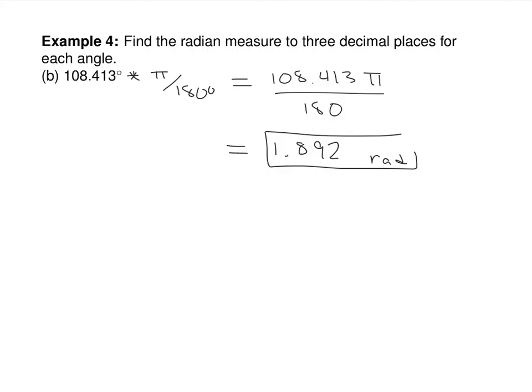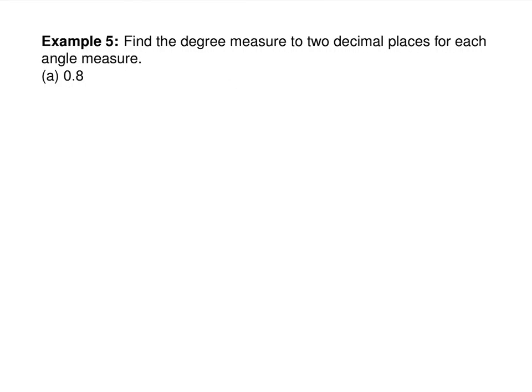Okay. And the next 2 are just the opposite direction. So we have something in radians and you want to go back to degrees. So 0.8, notice there's no label, so that means that it's in radians. So multiply by, you want the radians in the bottom, so what goes in the bottom? Pi.